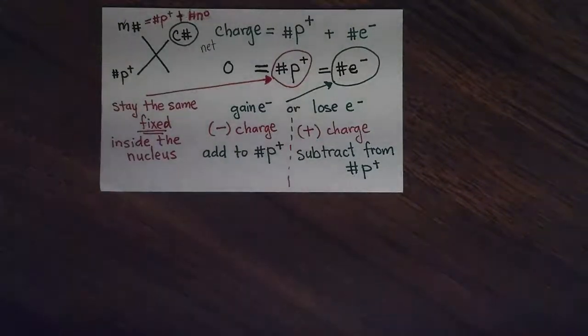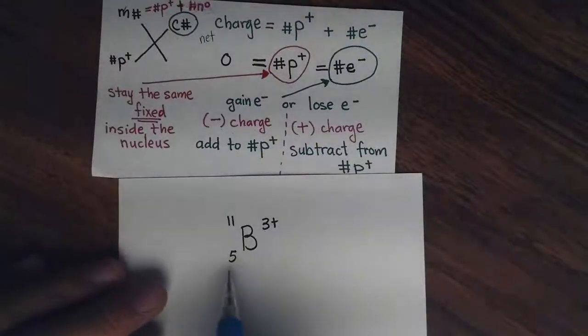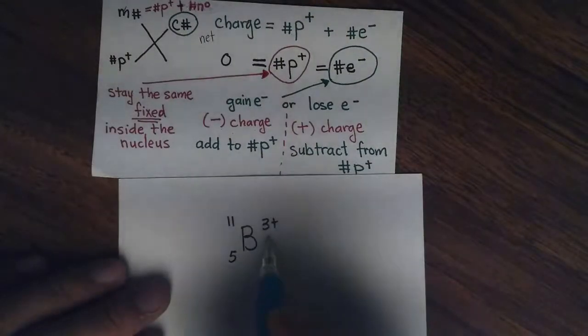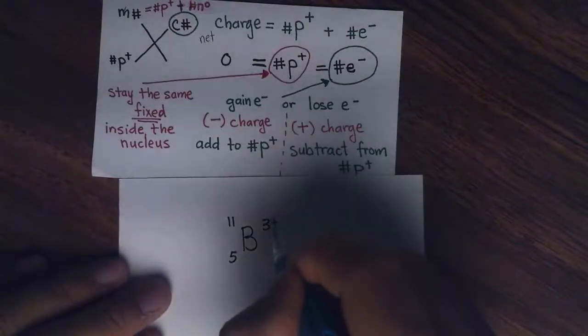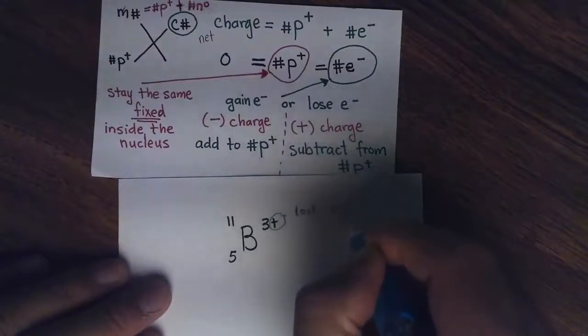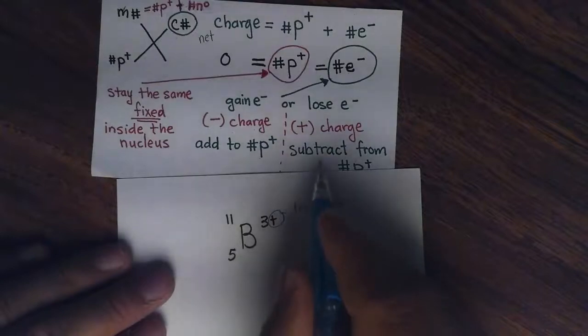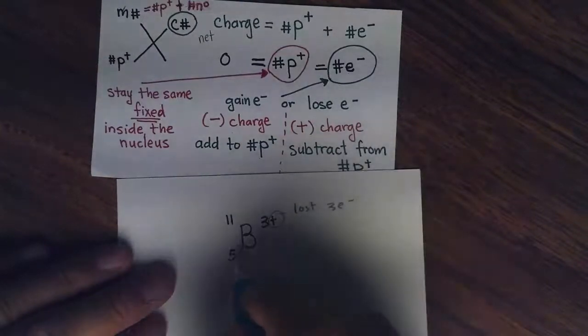Let's try another problem where we have the opposite scenario. In this case, we have a positive charge of positive 3. So that positive tells you that it has lost 3 electrons. That's why it becomes positive. So we are going to subtract from the positive protons, which is this one right here.